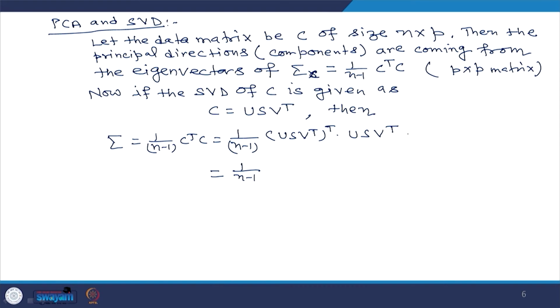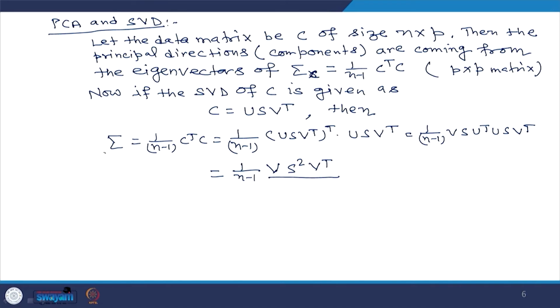So, this will become V S U T into U S V T. So, V S square and V T.